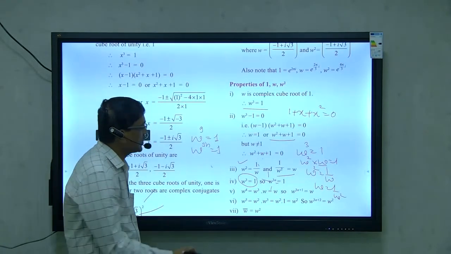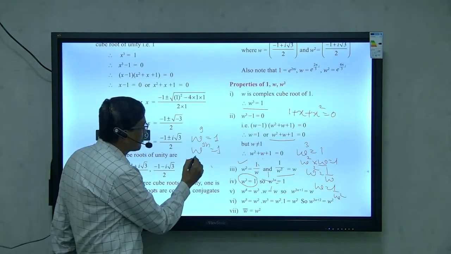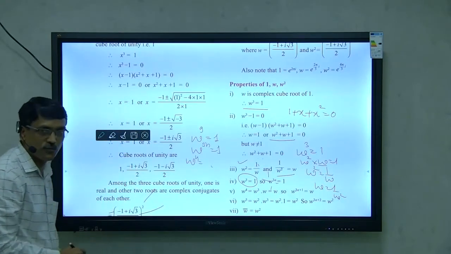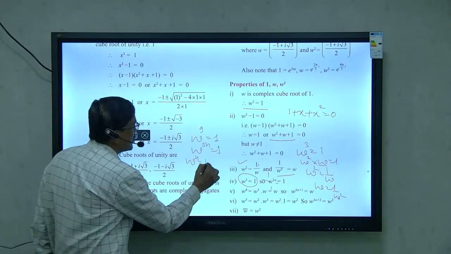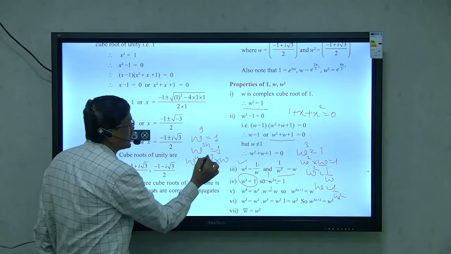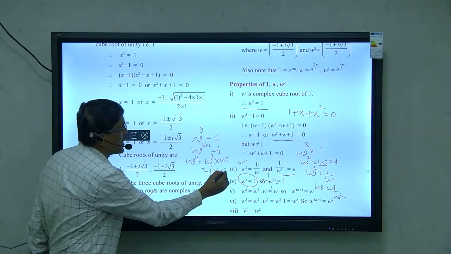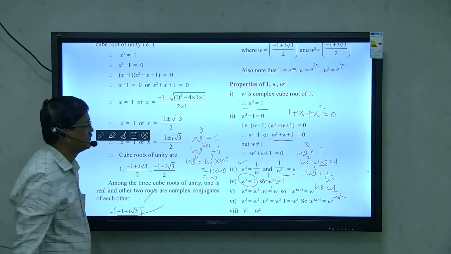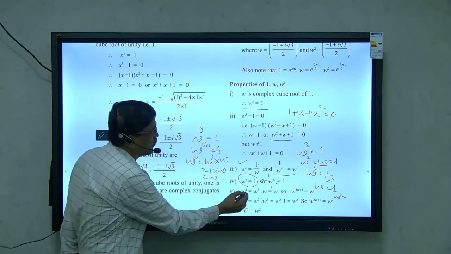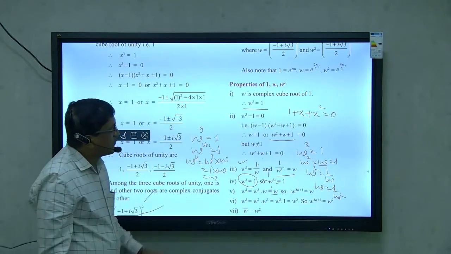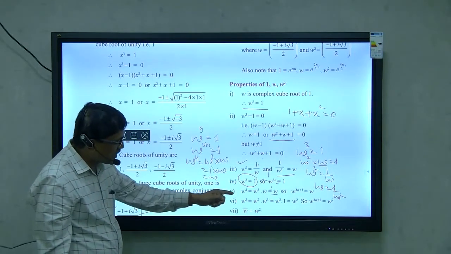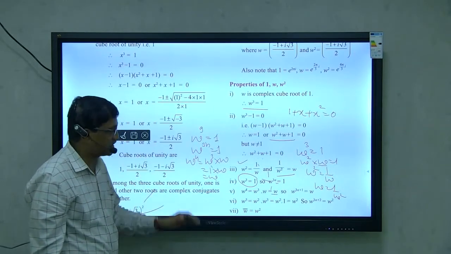Similarly, what is omega raised to 4? Omega raised to 4, we can write it as omega cube into omega, and we know that omega cube is 1. 1 into omega, it is again omega. See, omega raised to 4 is equal to omega. From this example, we have a result.